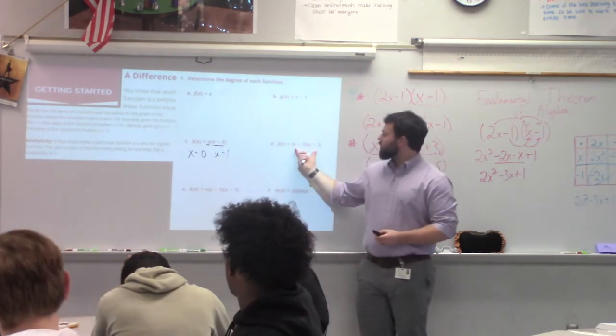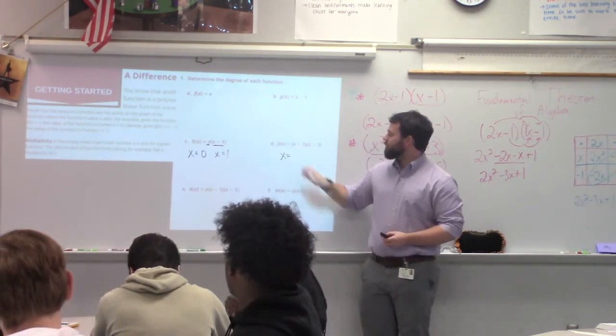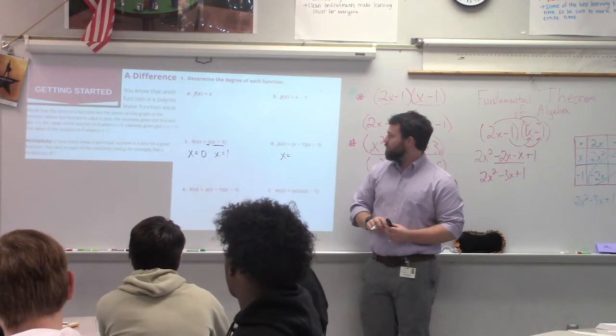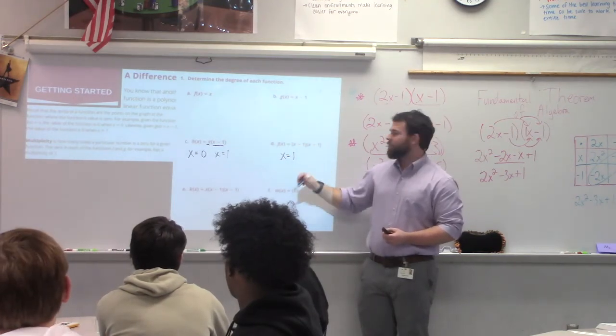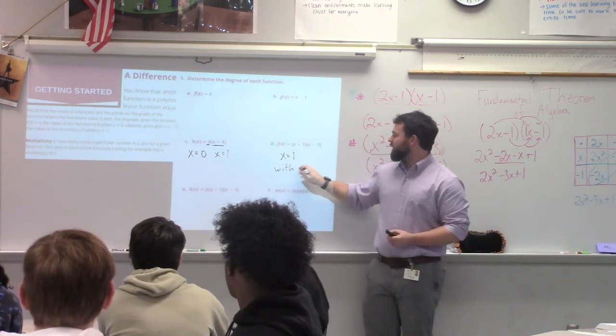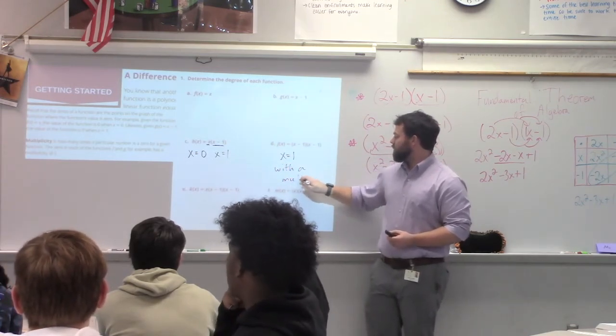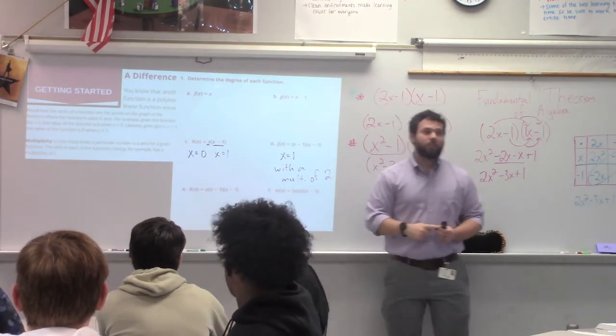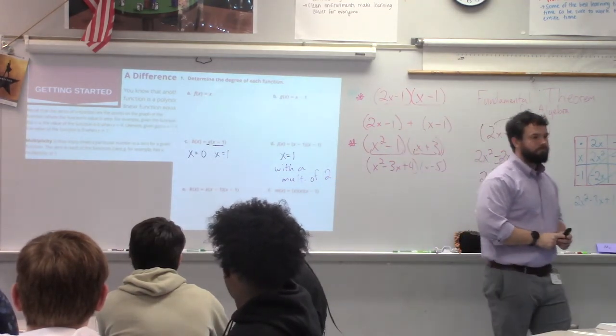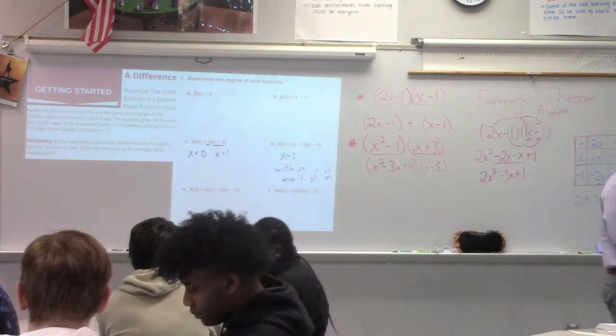Whereas if I look at this one here, what's my roots? X equals 1. X equals 1, but it's the same for both of those. So it's x equals 1 with a multiplicity, just meaning it happens twice. Yes, ma'am? Could we write the exponent?